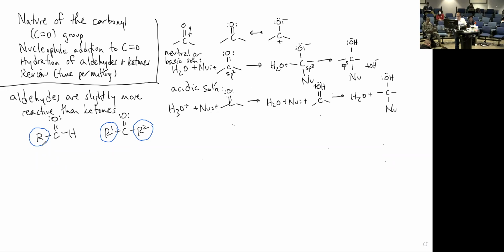So whereas the carbonyl oxygen is pulling electron density away from the carbon, to some degree, these alkyl groups compensate by donating electron density towards that carbon. But the aldehyde has only one of those alkyl groups. The ketone has two of those alkyl groups to help donate electron density towards that carbon and stabilize it against nucleophilic addition.